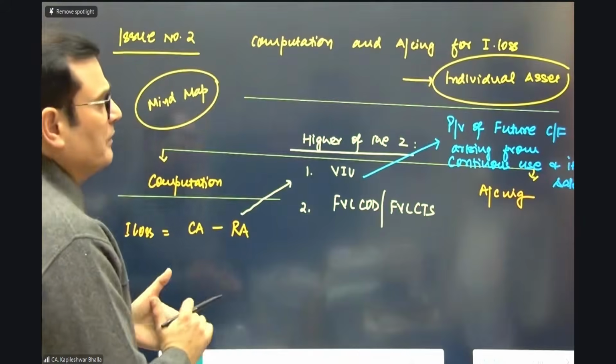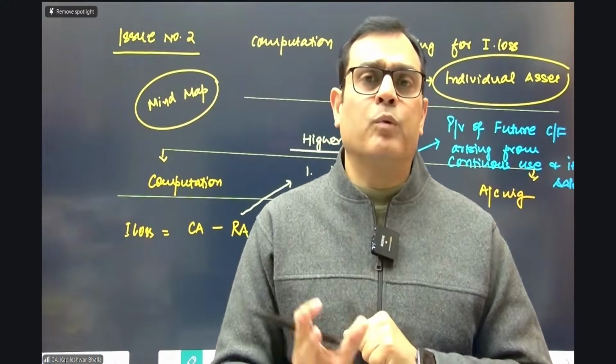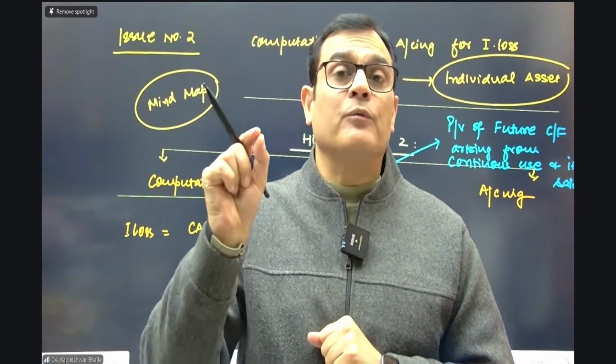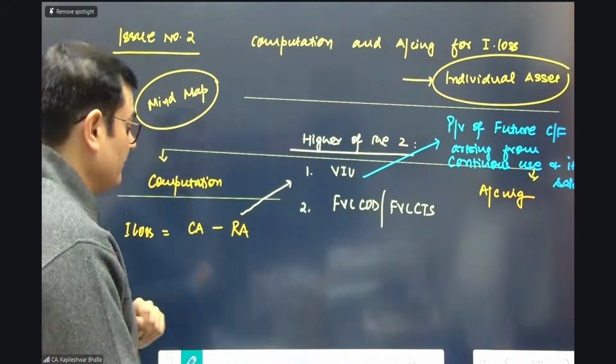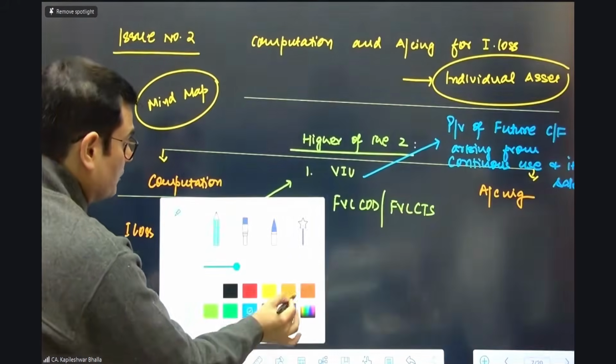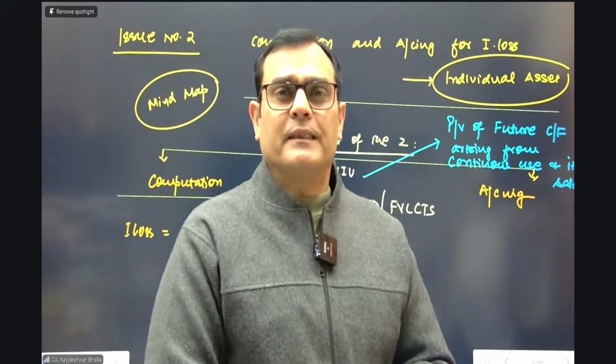So the computation of impairment loss is pretty simple and straight, comparing the carrying amount versus the recoverable amount. Recoverable amount is the greater of the two values. I have a small question now coming to my mind at this stage. This could be a good MCQ as well.